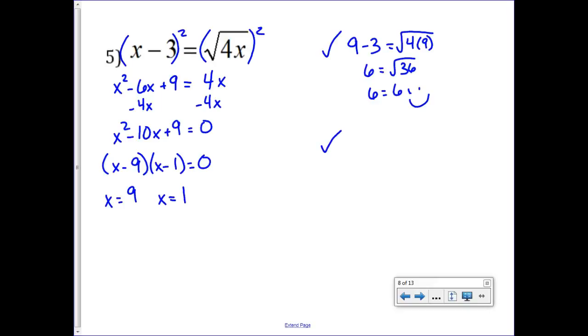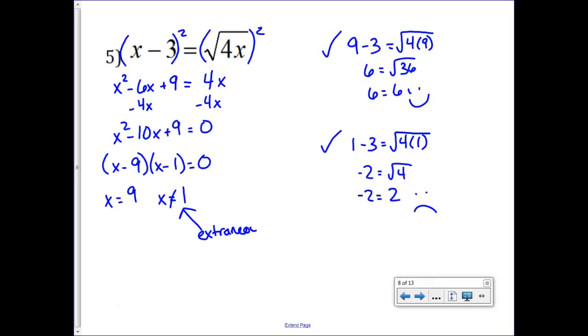And then I have 1 minus 3 is equal to the square root of 4 times 1. So 1 minus 3 is negative 2, is equal to the square root of 4. Negative 2 is equal to 2. That one does not work. So it doesn't equal 1. That's extraneous. But 9 did work.